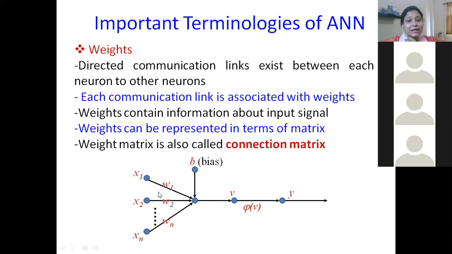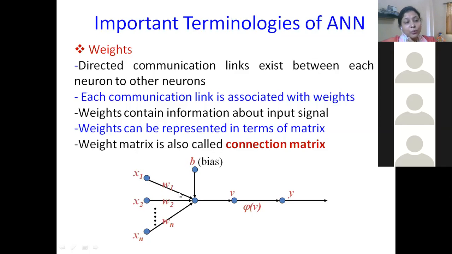So each communication link is associated with weights, and obviously these weights carry the information about the input signal. Why? Because if you recapitulate the previous class, when I compute this y, forget about the bias and all this terminology, and just take an example that we have only one input node, abbreviated as x1.